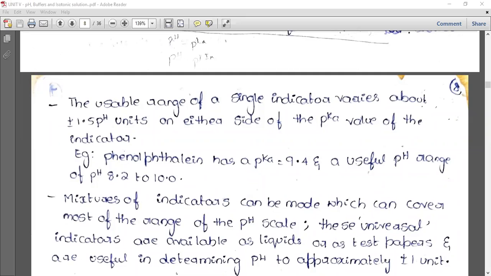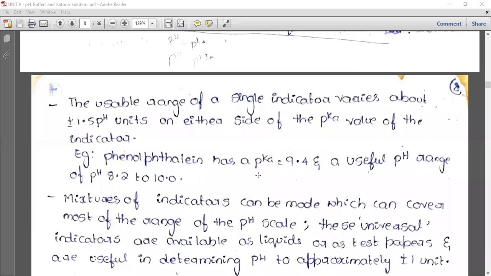And whatever pH range we want, it generally ranges plus or minus this side, that is plus 1.5, minus 1.5. So it ranges from 8.2 to 10 approximately. So whatever pH we require, based on the pKa of the indicator we are taking, we get a plus or minus 1.5 unit difference.